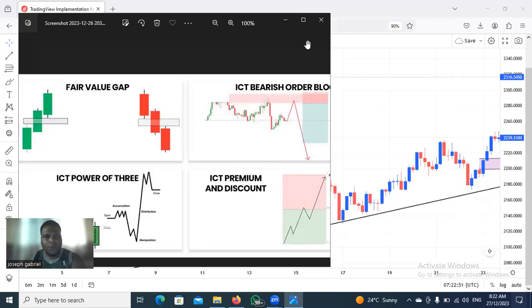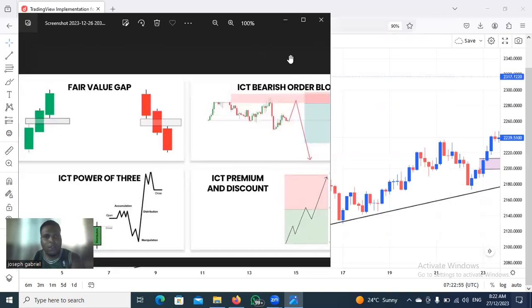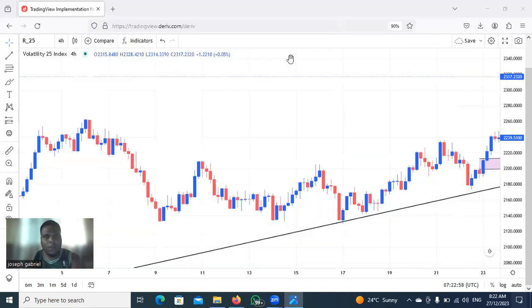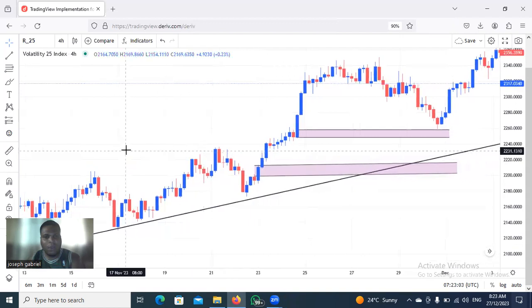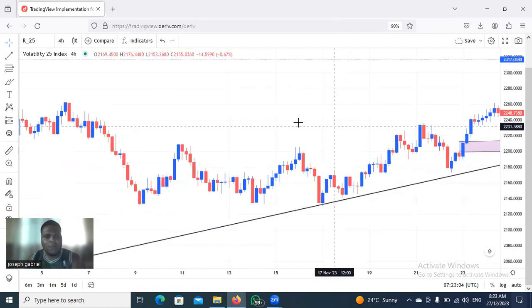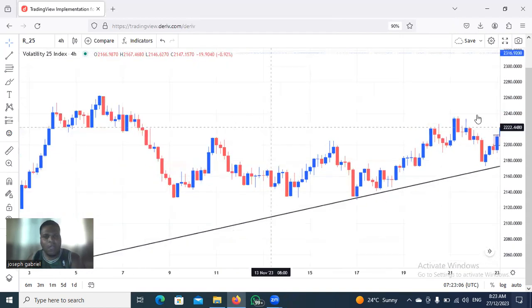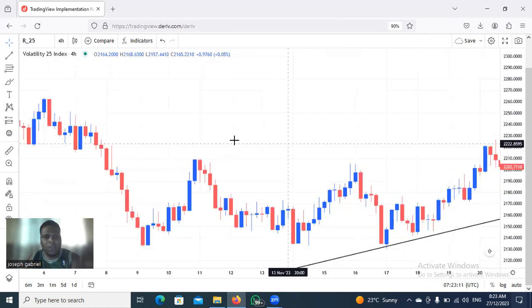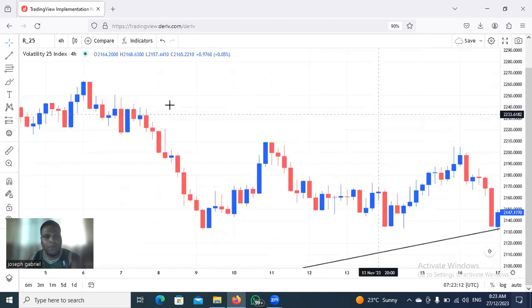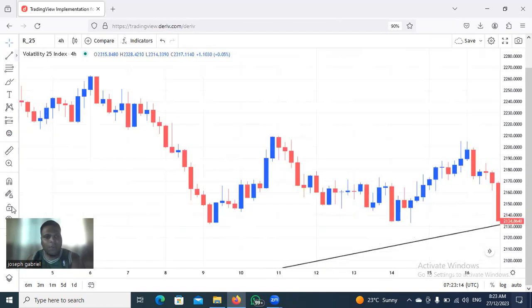So having said this, guys, I've shown you an example of what I was talking about. Now let's look at it on the chart. Do we have a gap here? Of course, we have a gap here.